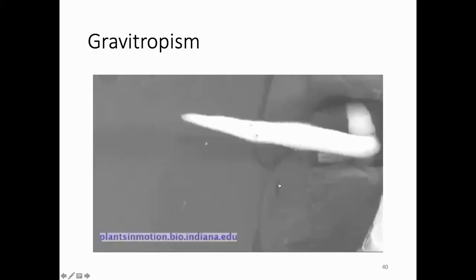The next one is gravitropism. In general, the root of the plants will grow toward the gravity of the earth in the soil. But once the plants get transported and then flipped into the horizontal position, here is how it responds.